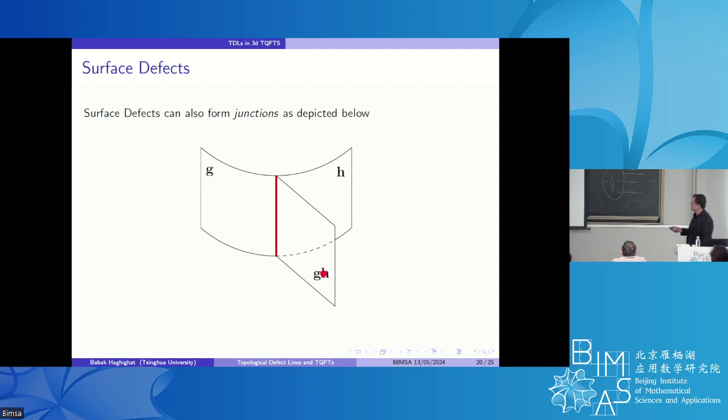You can have surface operators G and H, and even a line at their intersection, and you get a third one, which is just given by the group law in this particular case. So you can have all these objects in your 3-manifold, and you can compute partition functions and get very interesting structures. We are also exploring these types of structures. I won't go into details of how to obtain them; there are of course many different ways to do that.